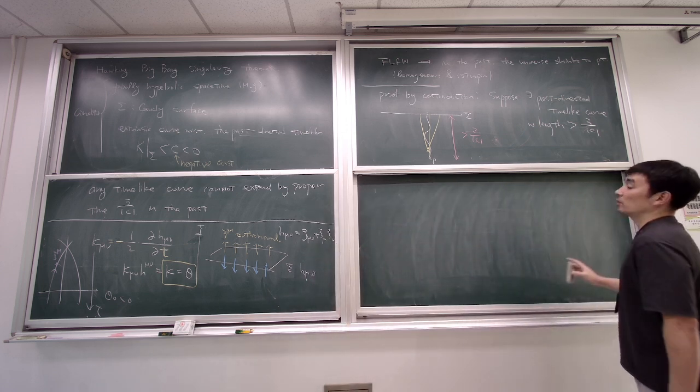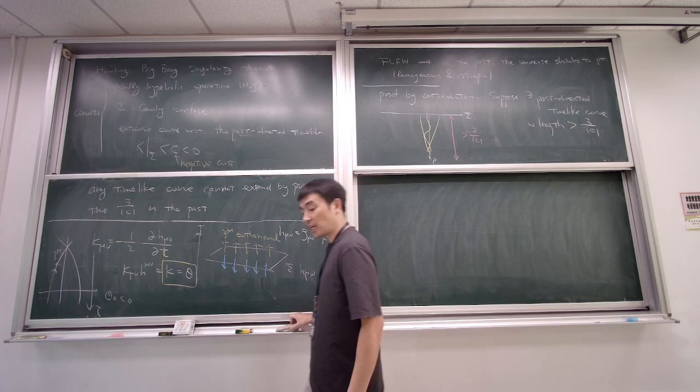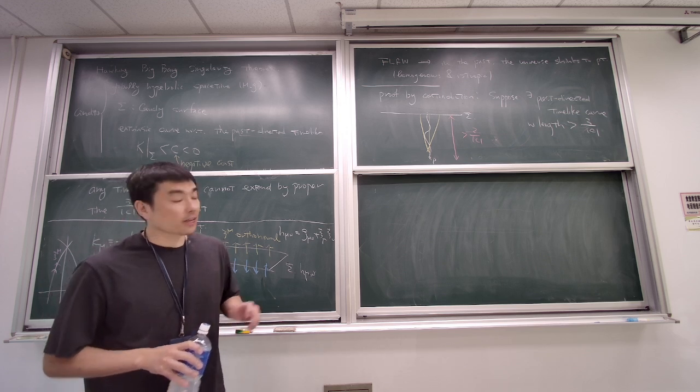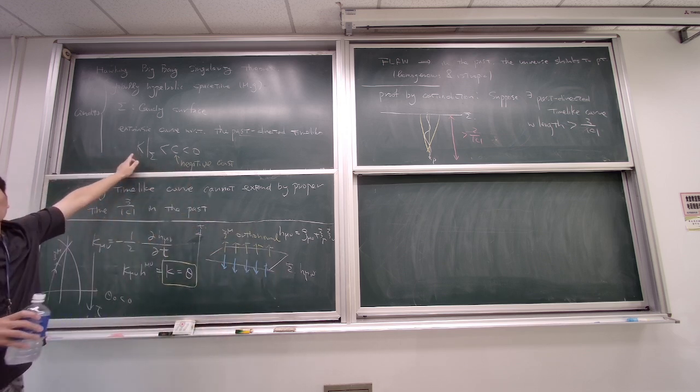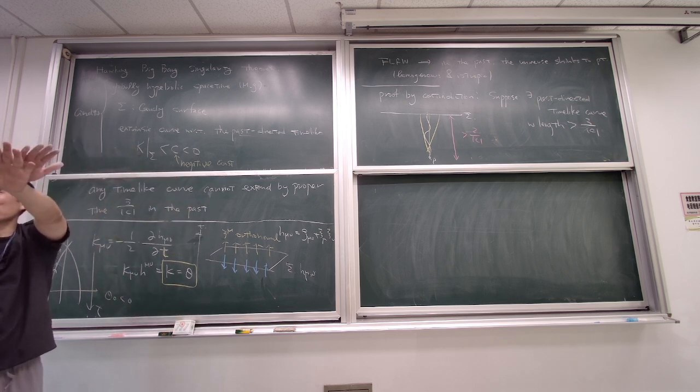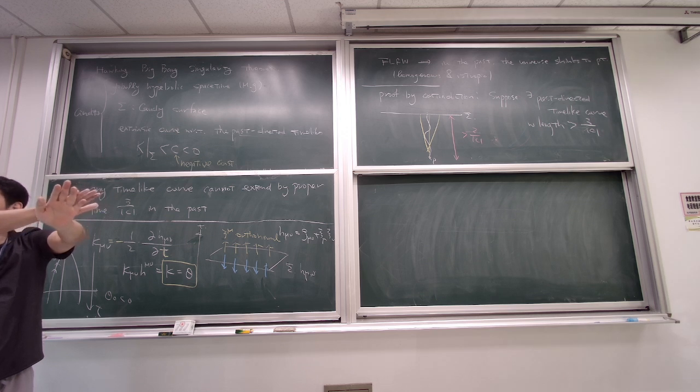And we don't use any assumption except global hyperbolicity of the space-time. And then in this extrinsic curvature case, if K is positive, there must be a singularity in the future.